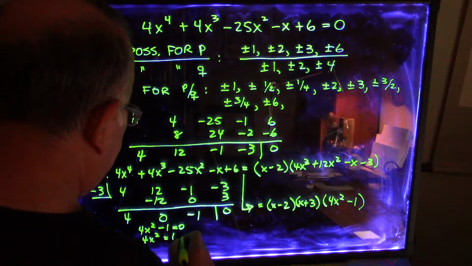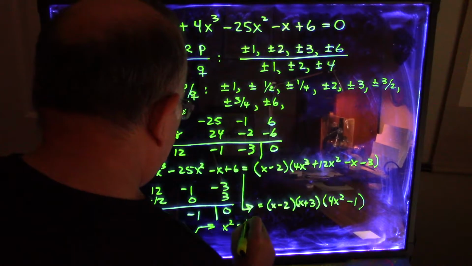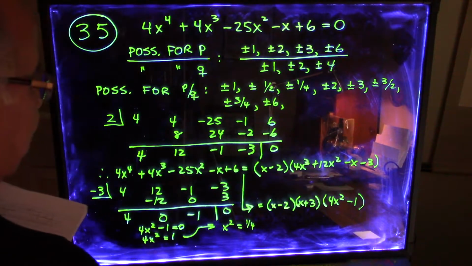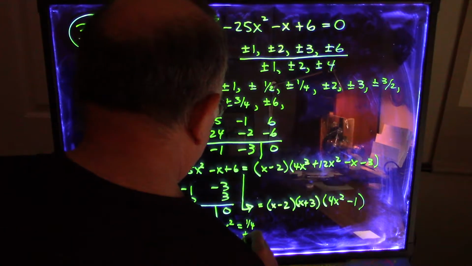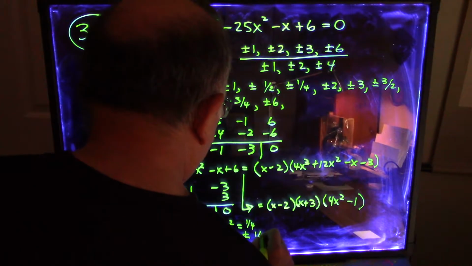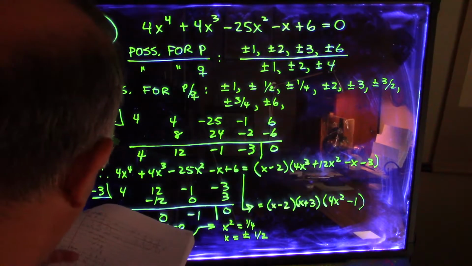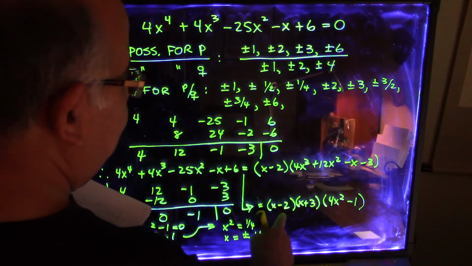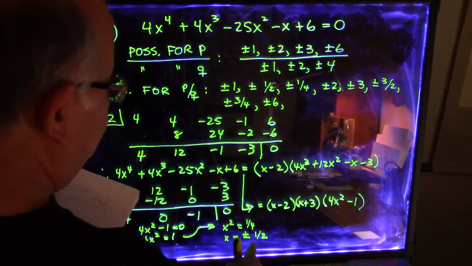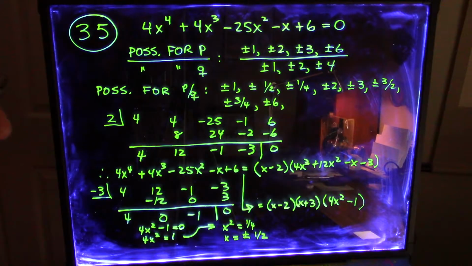Then take the square root of both sides, so you get x equals plus or minus 1/2. Remember, there's a positive and negative square root. So the zeros are 2, -3, and plus or minus 1/2. Alright, 2, -3, 1/2, and -1/2 are the zeros.